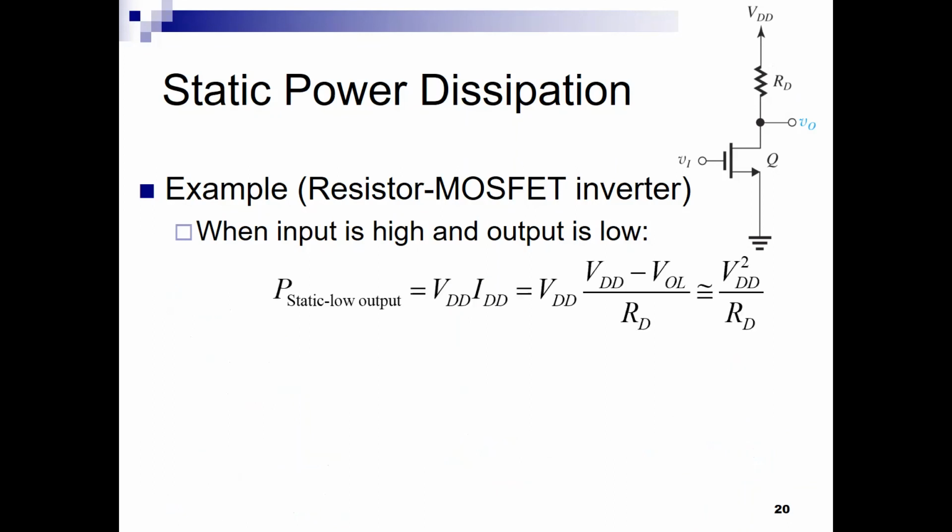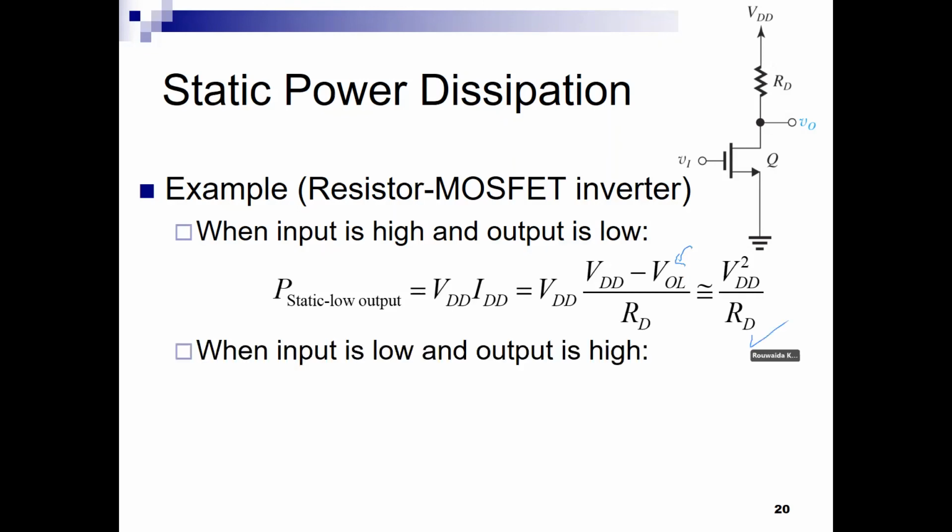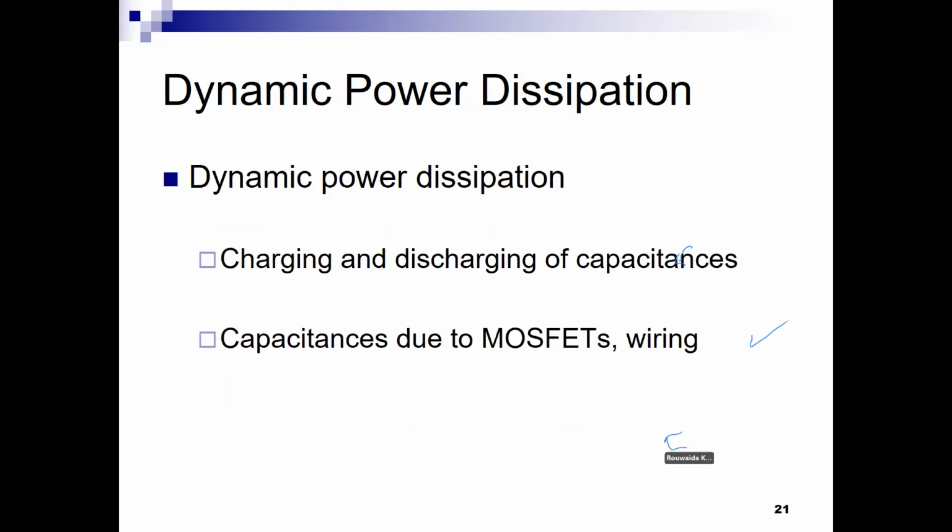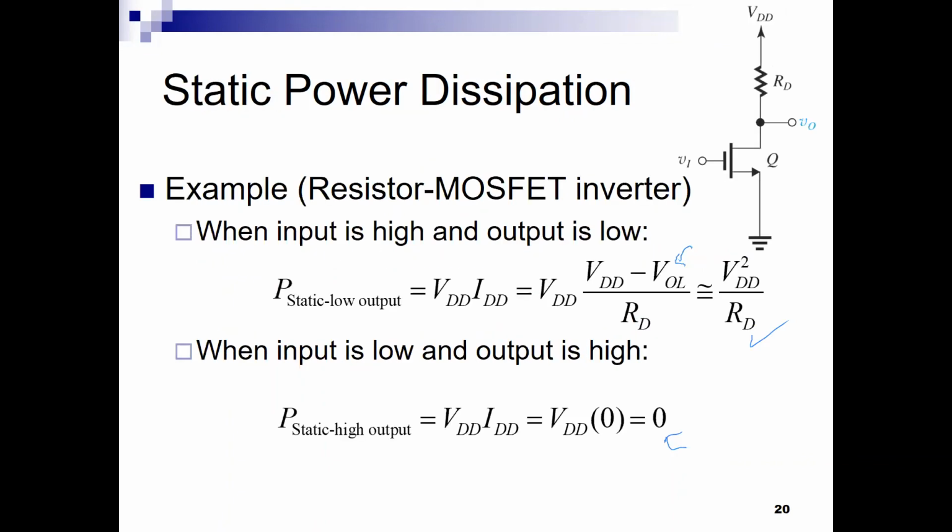So what the slide is telling us is that the static power when the output is low, if we consider VOL very small, is approximately VDD squared over R. When the input is low and the output is high, it will be VDD times 0. Okay, and we can take basically its average.